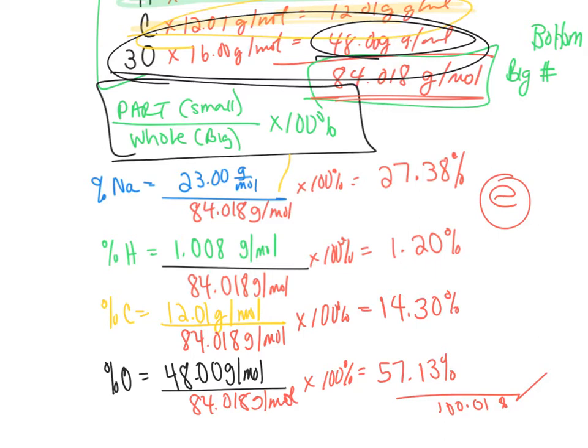Okay, the next thing we're going to do, folks, is balancing equations. So we're going to balance equations. And a lot of times this just takes some practice. So let's go straight to the problems, the checkpoint problems.